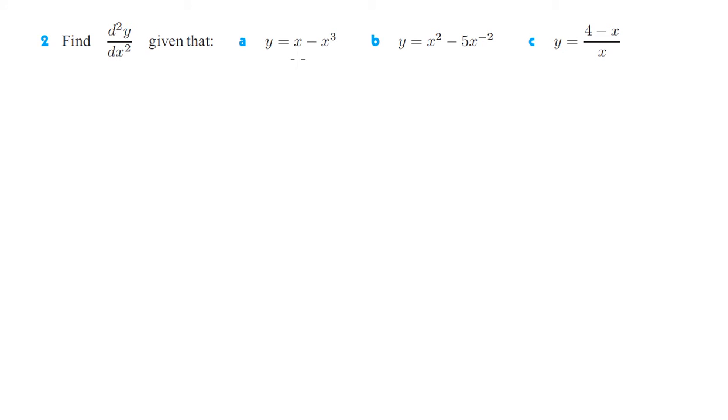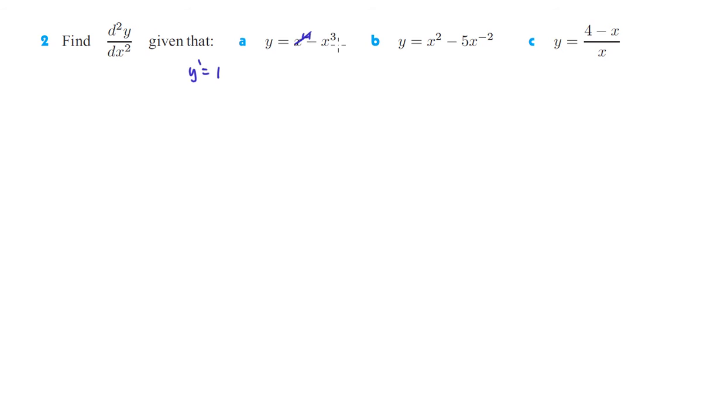Okay. Number 2, find d squared y over dx squared for these functions here. That just means the second derivative. That's another way to say the second derivative. Okay. So let's find the second derivative of these. So y prime is going to be, that's 1 times x is 1.